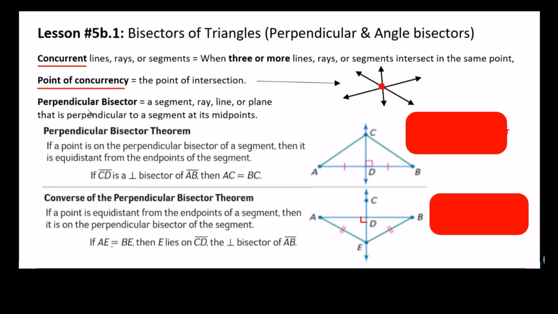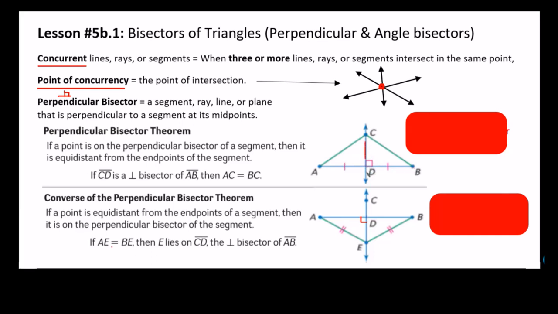Now let's talk about perpendicular bisector. If you remember, perpendicular means that it forms a 90-degree angle, and bisector means cuts right in the middle. So right here on this diagram, I have this line, CD, that is forming a 90-degree angle with segment AB, and it's cutting right in the middle because I see that AD is the same as DB.